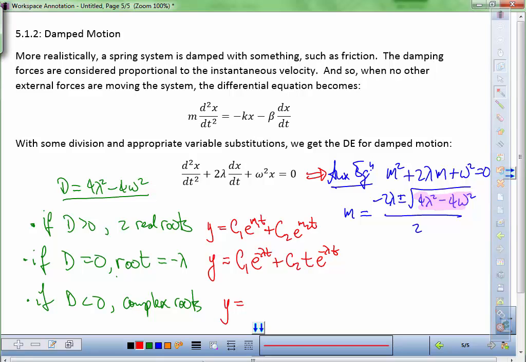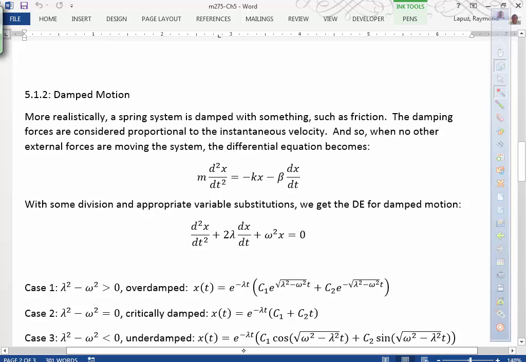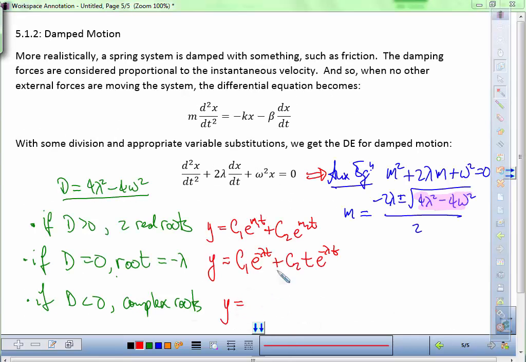And I think it says in my notes, yeah, it says in our notes. But it'll have a sine and cosine. So it'll have c1, some e to something, and then a combination of cosine and sine.